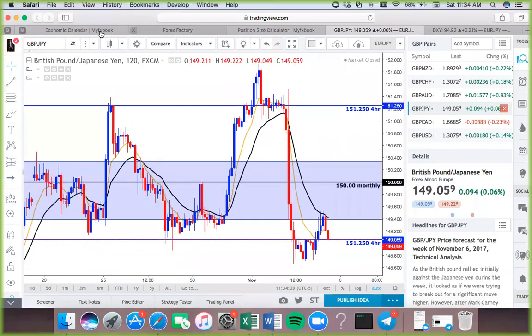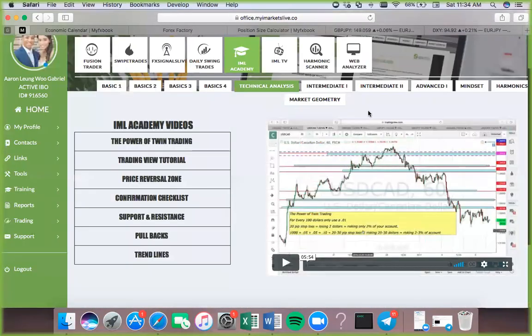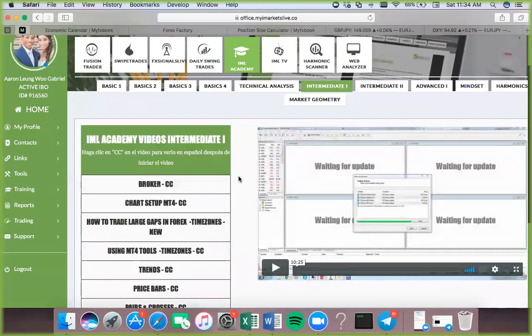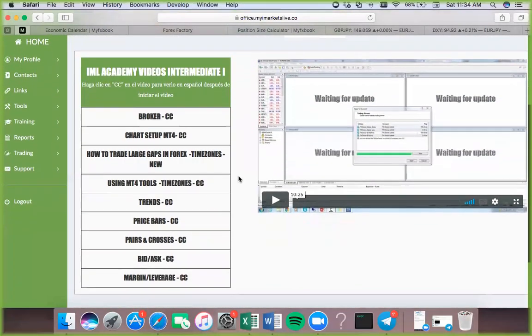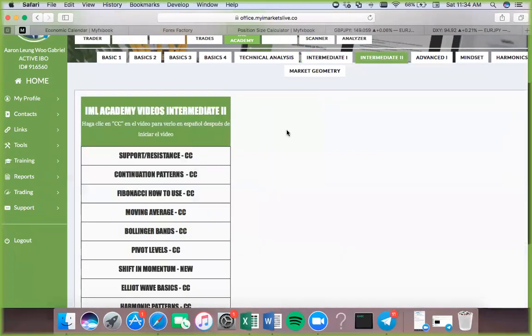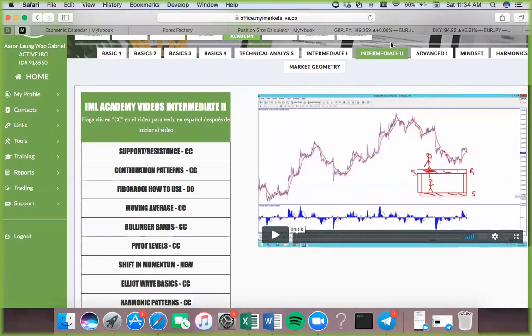So everyone in here needs to understand all these concepts, and then go on to more intermediate concepts like pairs, Fibonacci, pivot levels, Elliott waves, Bollinger Bands, etc. So education is very important.